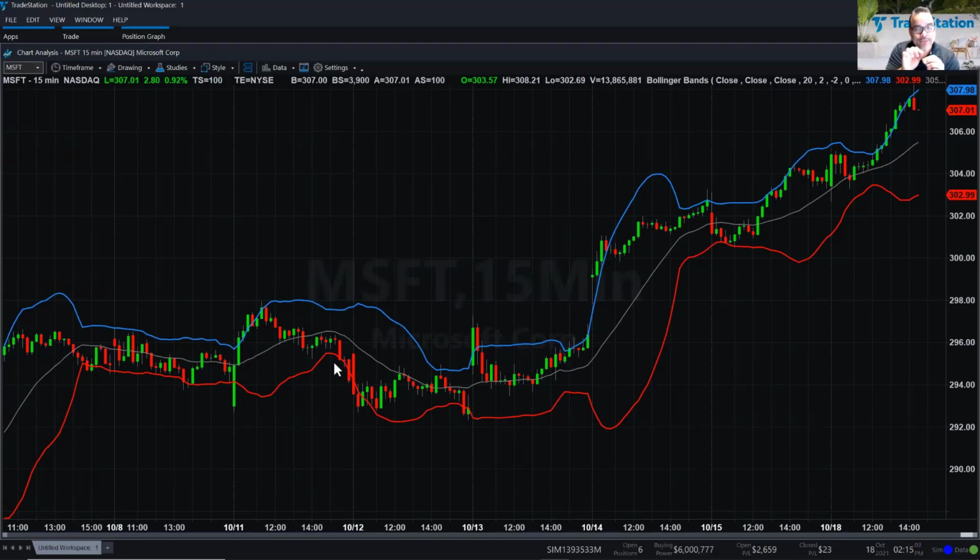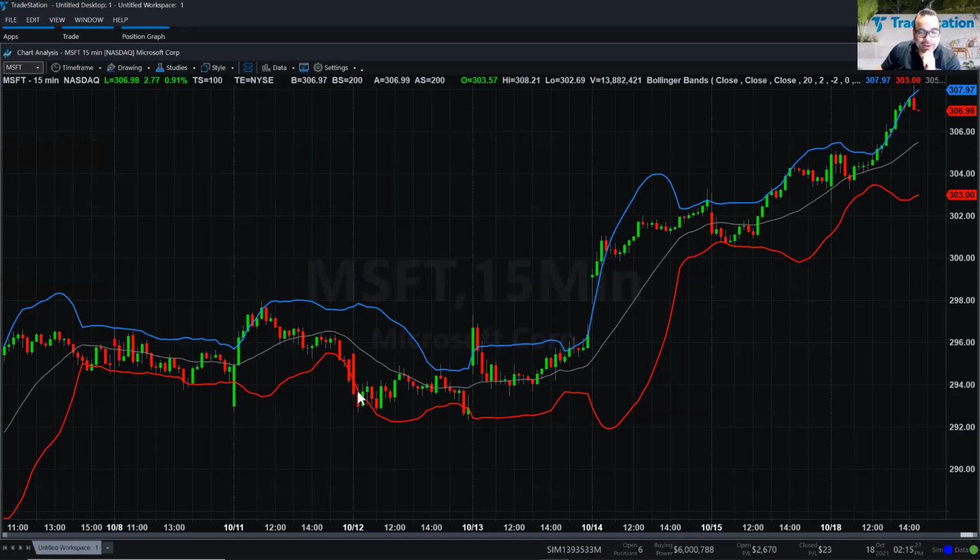So when the price returns back inside the 2 bands, that's our signal to go long, because we expect the price to return back to normal. And since it's overextended to the downside, normal will be to the upside. So that would be a long trade.